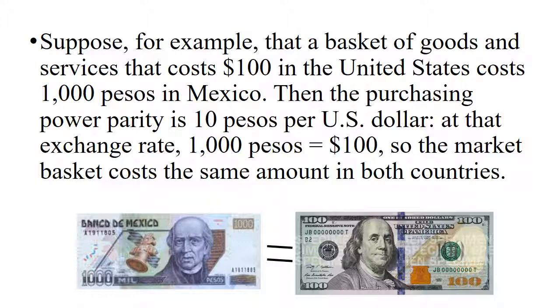And we can actually convert that down into an exchange rate, where if we wanted to figure out $1 US, we could divide both sides by 100 and see that purchasing power parity would be 10 pesos equals $1 US, and the market basket would be equal. If the exchange rate is something more or less than 10 pesos per US dollar, then those two countries have not reached purchasing power parity.